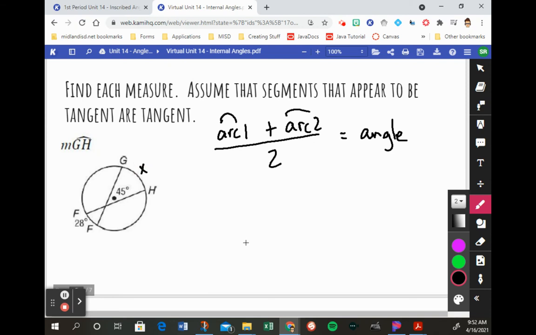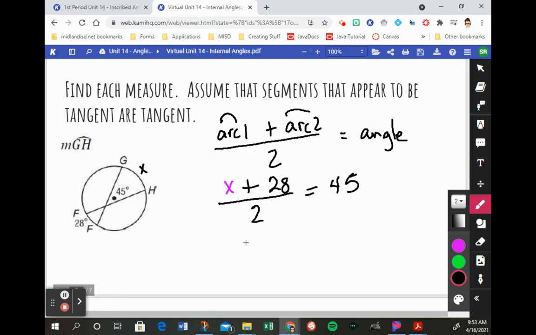I'm going to put an X right there. So arc 1 is X. Plus arc 2, 28, over 2 equal to 45.